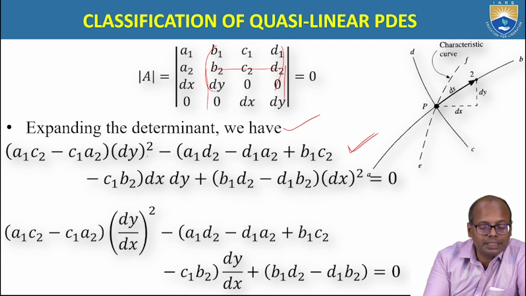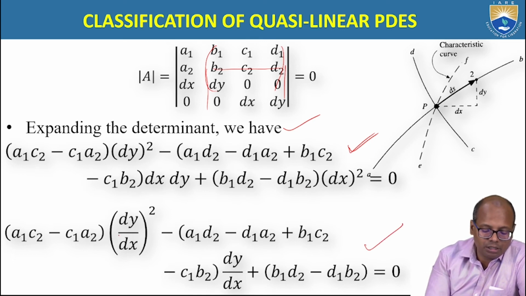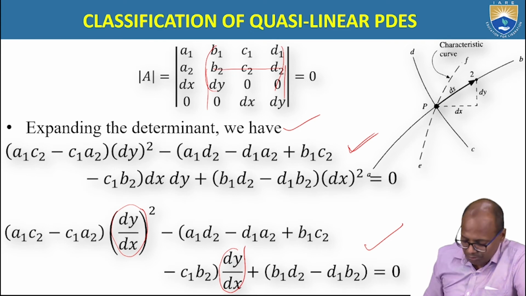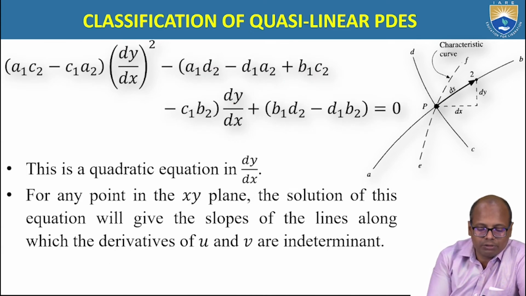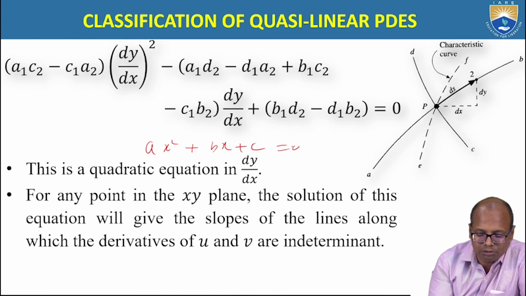Now if I divide these equations by dx square, I will get this equation. Now this is an equation, and this is the slope, the slope which we are looking for. The dy/dx we have to identify. Now this can be compared to a quadratic equation having ax square plus bx plus c equal to 0.